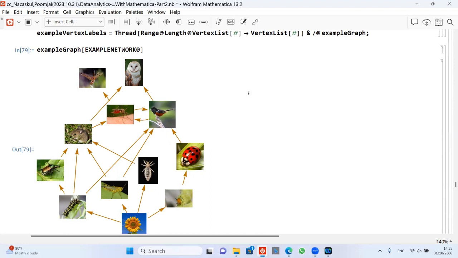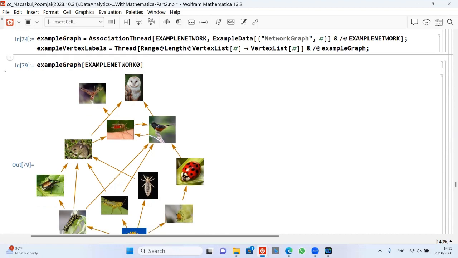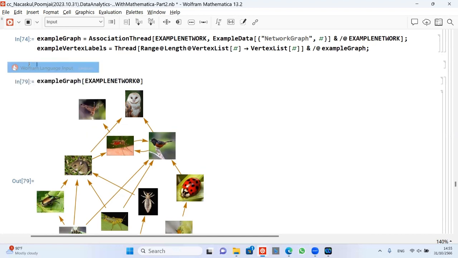Okay, now let's do this. Let's look at this thing in detail. This is the data, right?